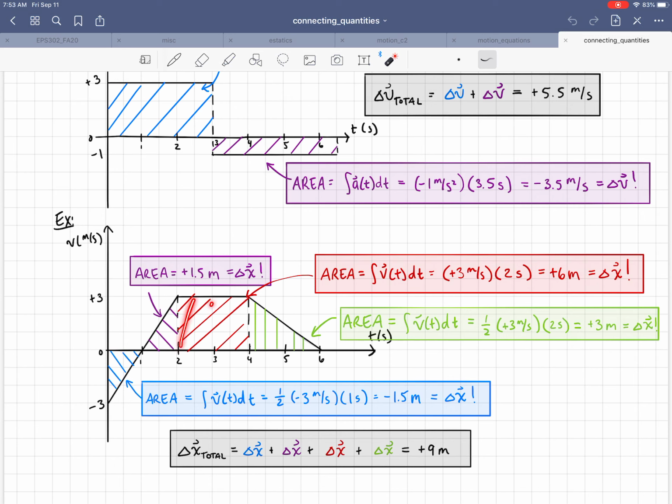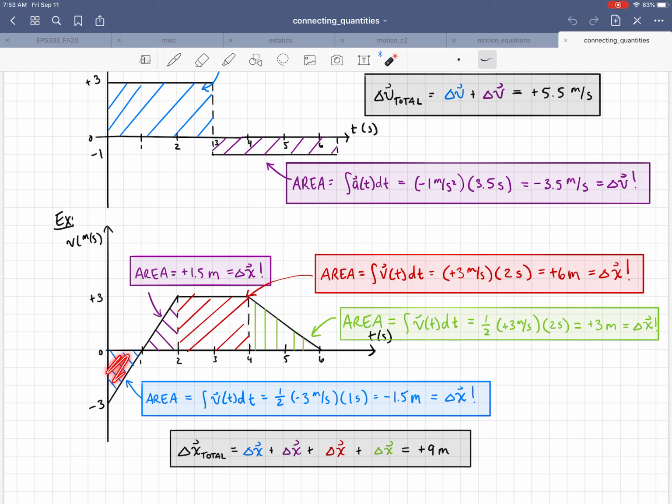Now, what happens over the next 2 seconds? Well, we're moving at a constant velocity of 3 meters per second, and so our displacement is plus 6 meters during these 2 seconds. And then we slow down, but we're still moving in the positive direction for this last region. And so that area, 1/2, 3 meters per second times 2 seconds, so plus 3 meters for this region.